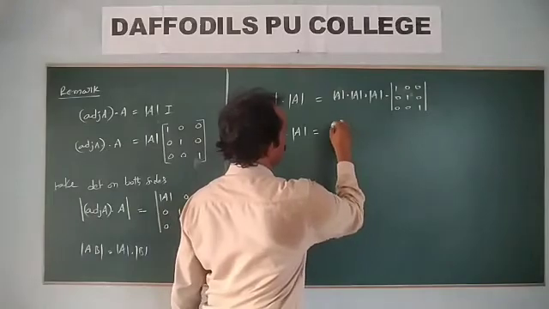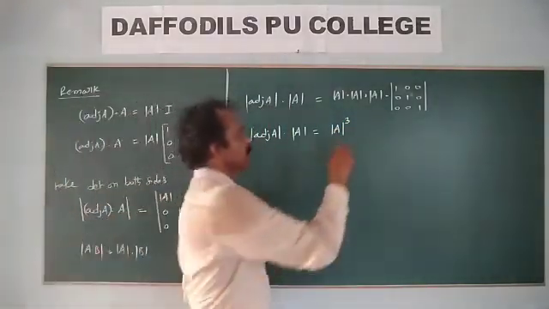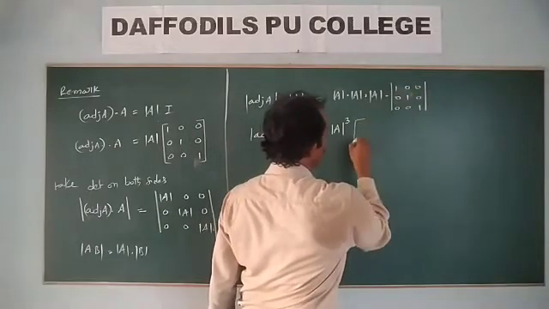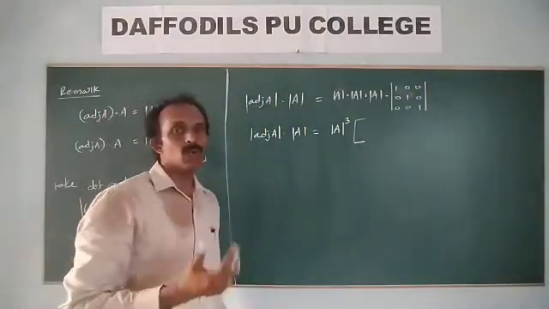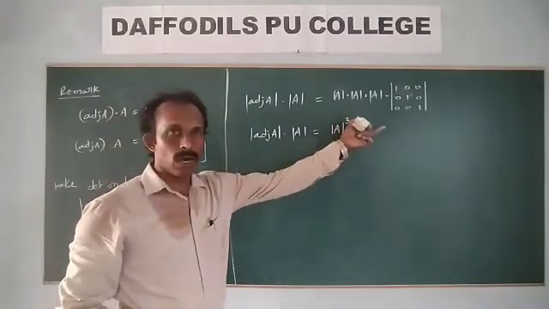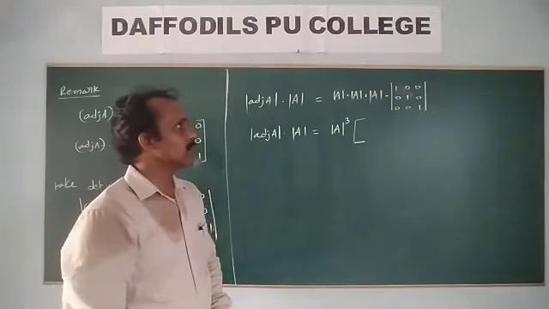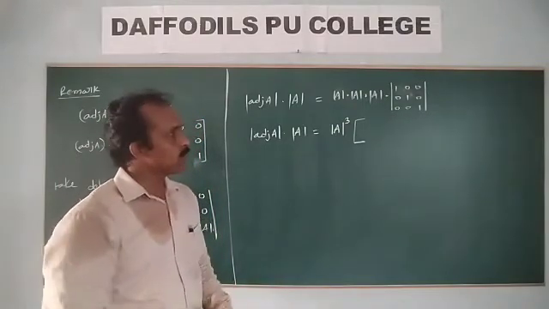Det A whole cube. And the determinant of this one, what is the determinant of 1? The determinant of an identity matrix, either 2 by 2 or 3 by 3, any order, the value is 1.